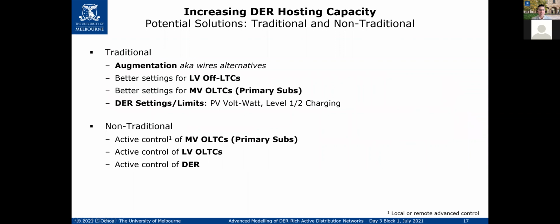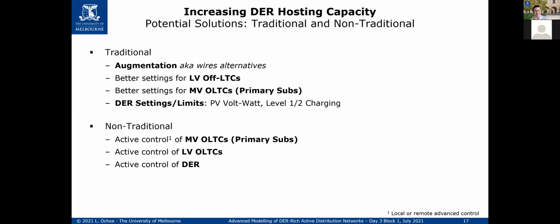So let's discuss a little bit more about these traditional and non-traditional solutions to increase distributed energy resources or the hosting capacity, for us to be able to have more of these technologies. So in terms of traditional, obviously, increasing the sizes of our wires and our transformers. So this is network augmentation. In America, it's called wires alternatives, all right? Well, it's not just the wires, it's transformers as well.